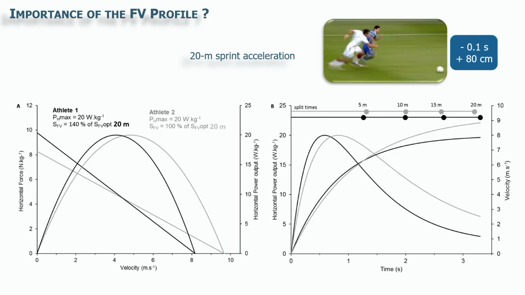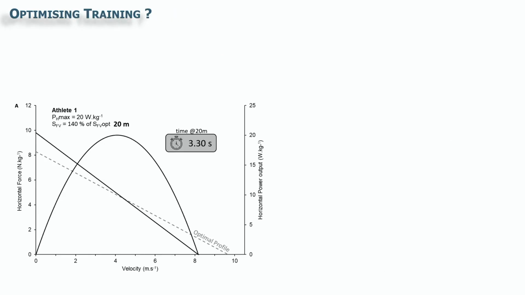Now, athlete number 1 presents a deficit. You have athlete number 1 here, and the optimal profile of athlete number 1 here. He ran a 20-meter sprint in 3.3 seconds. If we don't know the optimal profile, as yesterday, for example, we can say that 20 meters is a very short sprint. So for a short sprint, I prefer to train F0.